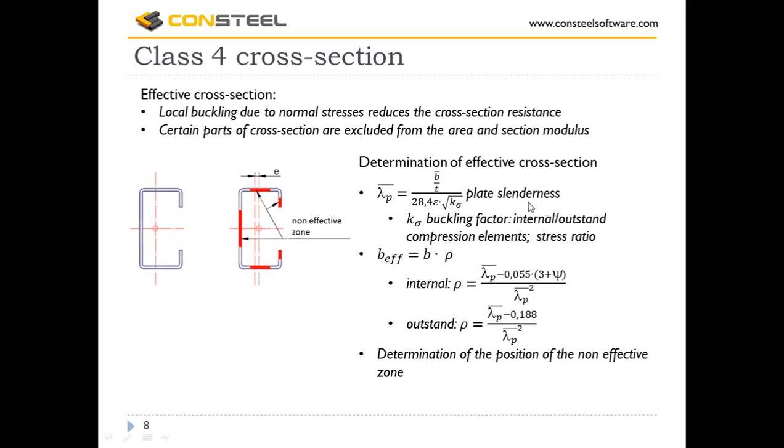For example, in case of the web plate of the I section, the appropriate width is the distance between the two rolling radii. The next parameters are the thickness of the plate and the buckling factor, which depends on the stress ratio and the boundary condition. It is an internal or an outstand compression element. The buckling factor is given in the EuroCode.